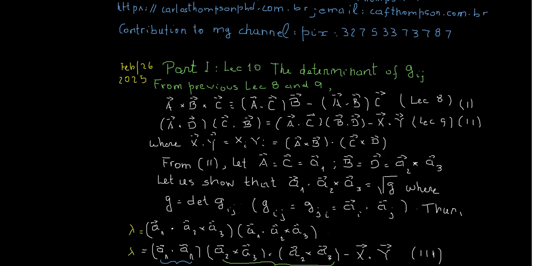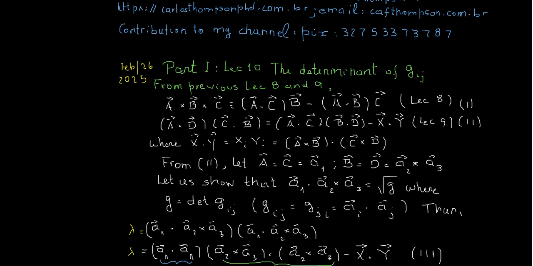Gij is equal to Gji, because I will show this later in other lectures. So Gij, Gji is a dot product between Ai and Aj. Just assume that, then you see clearly why I define Gij this way.